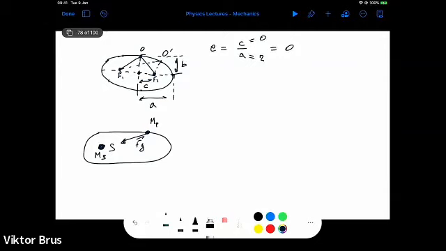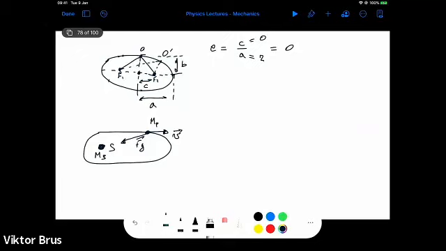Also our planet is moving along this elliptic orbit, and it has some linear velocity, which is directed tangentially to the trajectory.